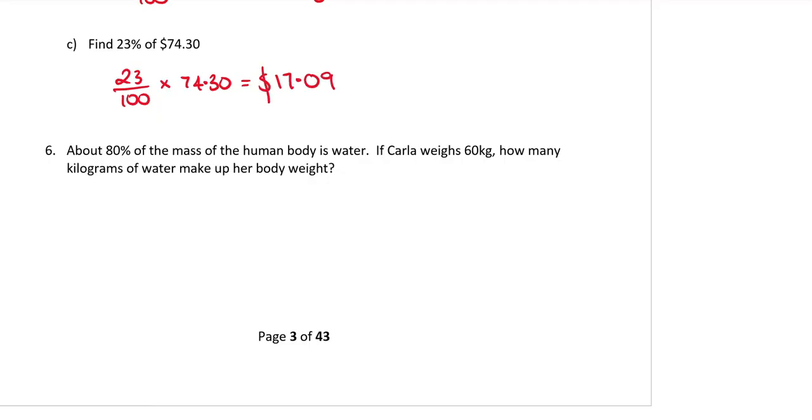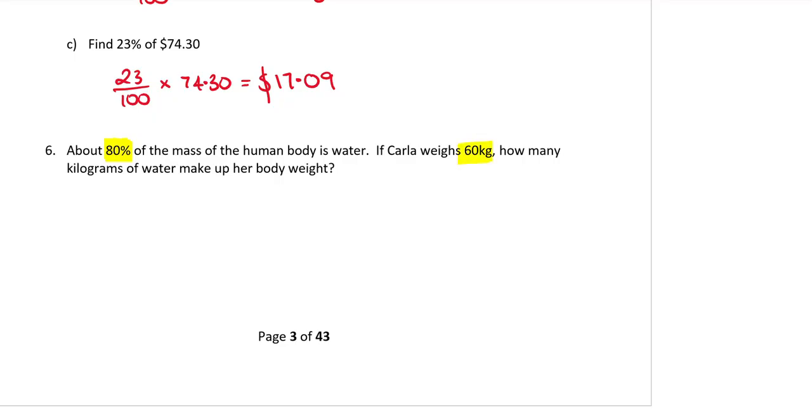And a word question. About 80% of the mass of a human is water. If Carla weighs 60 kilograms, how many kilograms of water make up her body weight? So this is asking me to find 80% of her 60 kilograms.